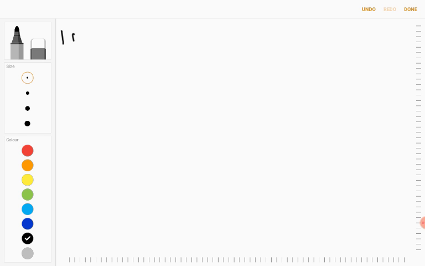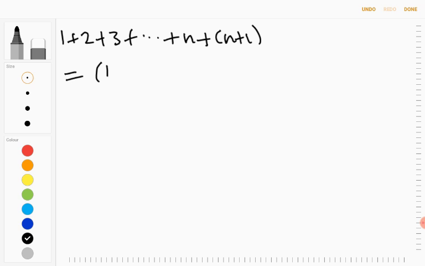Okay, now what we do is we say 1 plus 2 plus 3 plus dot dot dot plus n plus 1 is equal to 1 plus 2 plus 3 plus dot dot dot plus n, plus n plus 1.